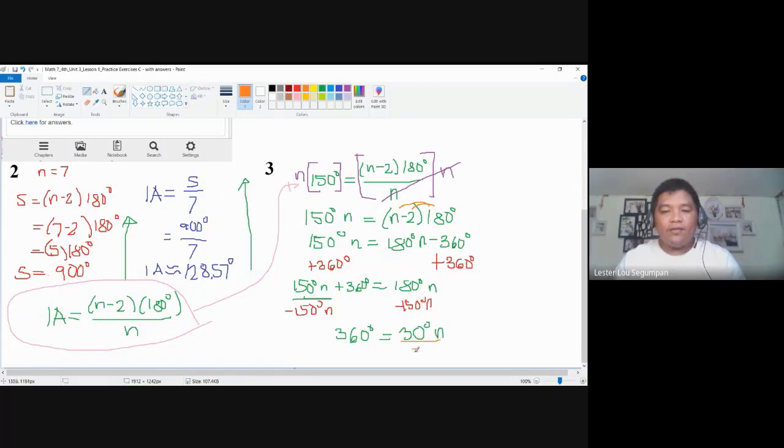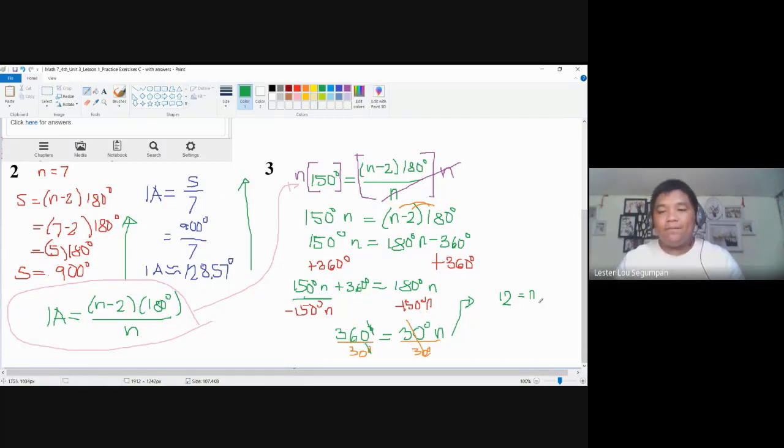Finally, divide both sides by 30 degrees so that n will be left here. So our result, we have here n on this side. 360 degrees divided by 30 is 12. No more degrees because it will actually be canceled here.